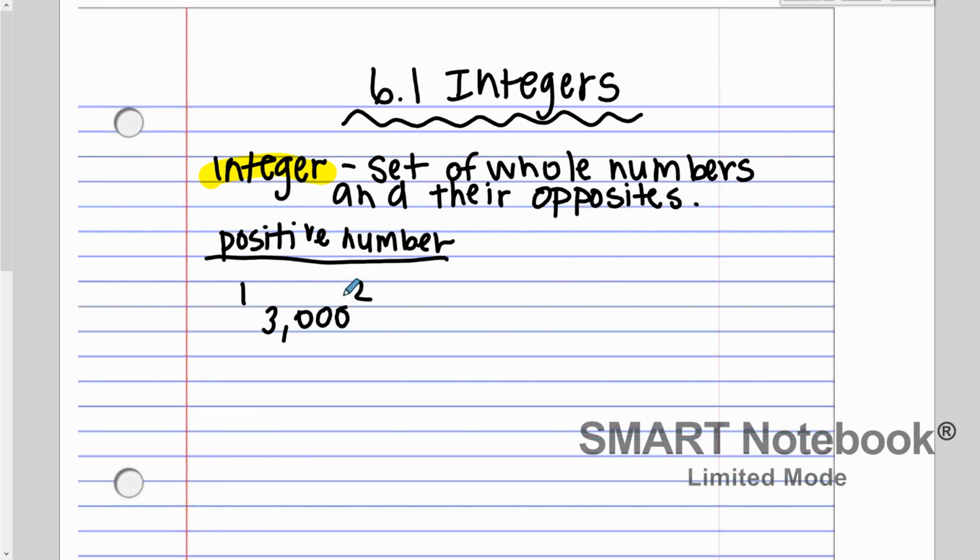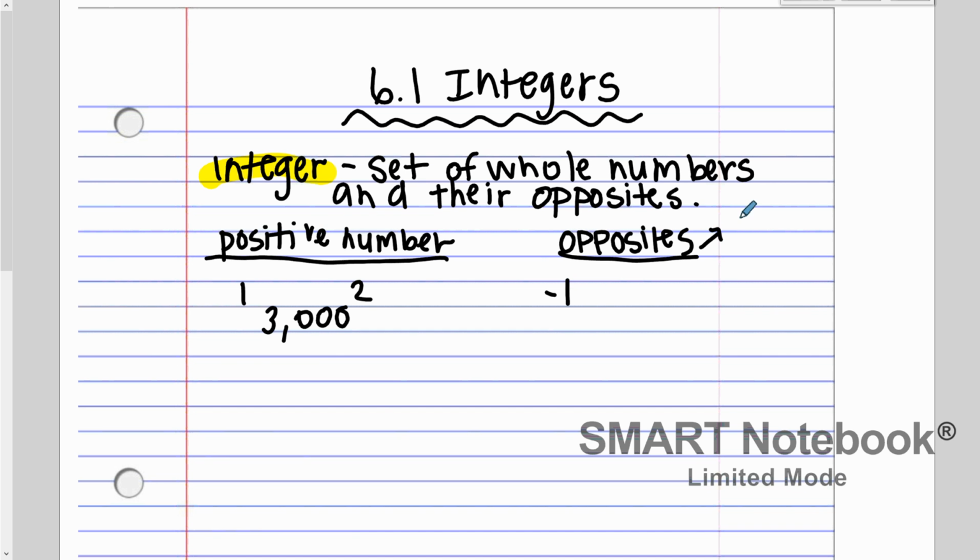Okay, but it also includes their opposites. And opposites are just the negative version of that number. So for example, the opposite of 1 is -1. And what makes it an opposite is that it's the same distance from 0 on the number line.